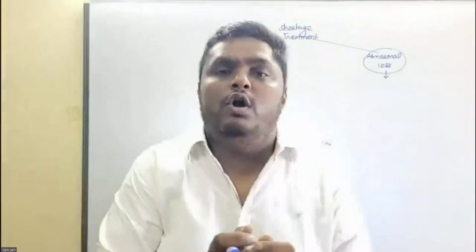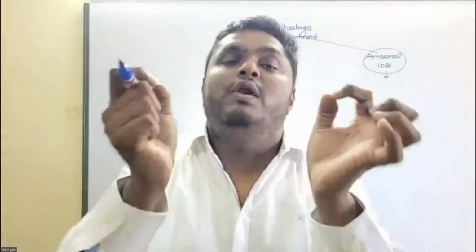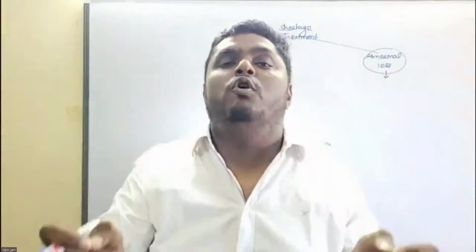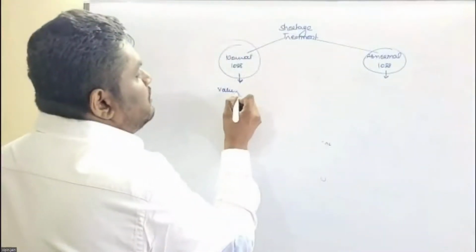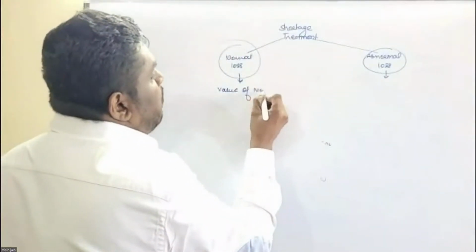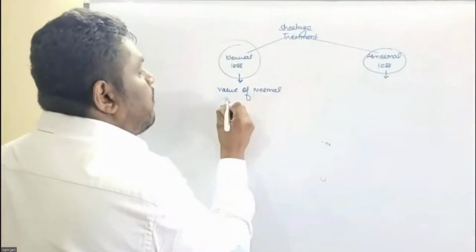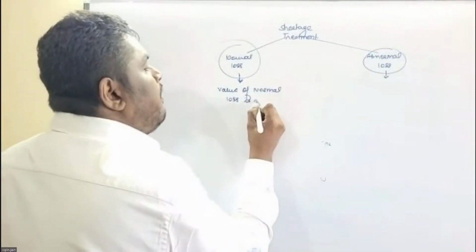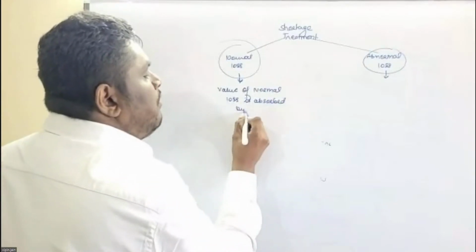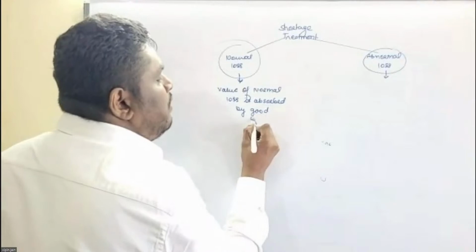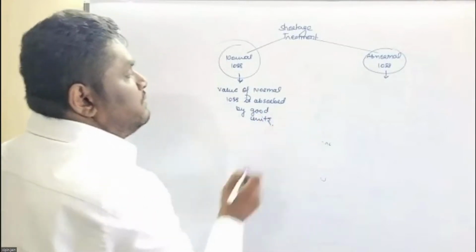When talking about normal loss, the value of a normal loss is absorbed by good units.